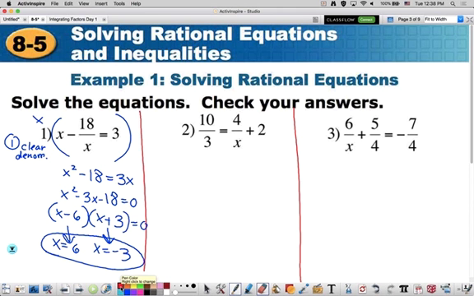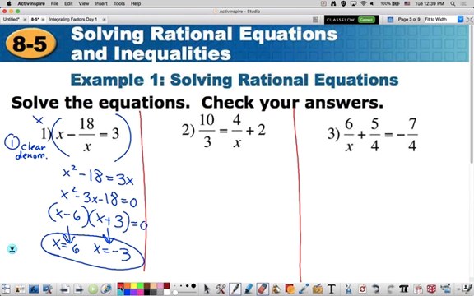So I say to check your work for a reason. For these problems, you're going to sometimes run into ones that do not work. So you need to check your answer whenever you're solving rational equations. Before we check, are there any questions on the steps? No? Clear denominator, bring everything over to one side, factor, solve. Now check. Let's just do some mental math. 6 minus 18 divided by 6, is that 3?